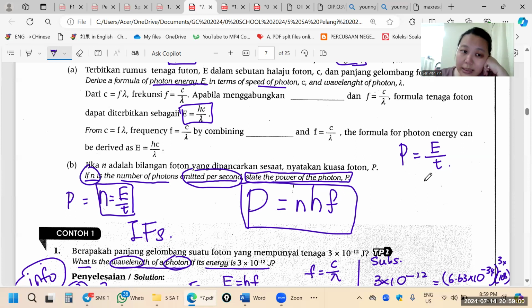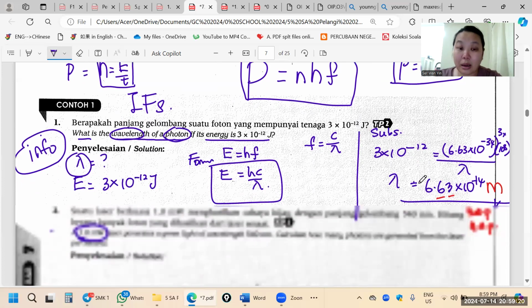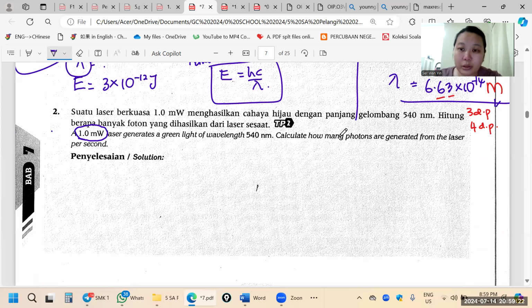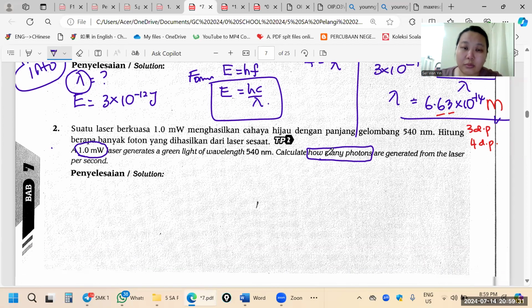Okay, so we will get P equals to n, and then times the energy, which is hf. This is power equals to nhf. So when they ask about power, and how many photons, when I say how many photons or what's the power, we use this formula.